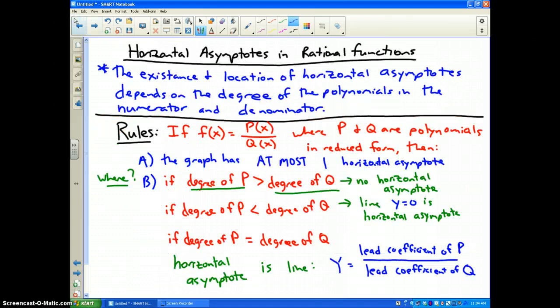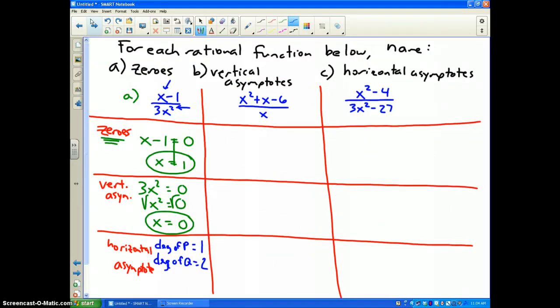The degree of P is 1, and the degree of Q is 2. So the degree of P is less than Q. So since 1 is less than 2, the line y equals 0 is the horizontal asymptote. So I'll go back here, and I'm going to write that in green. To summarize, the line y equals 0 is where our horizontal asymptote would go for this problem.